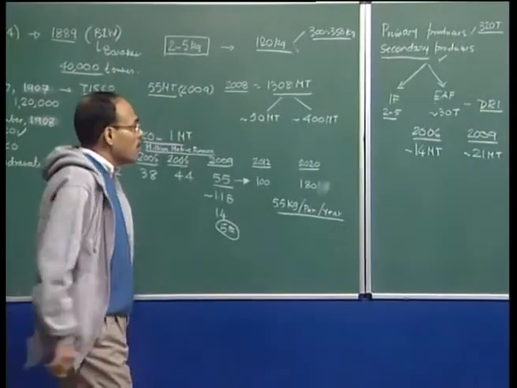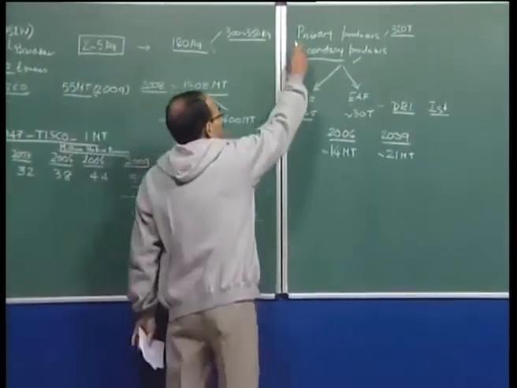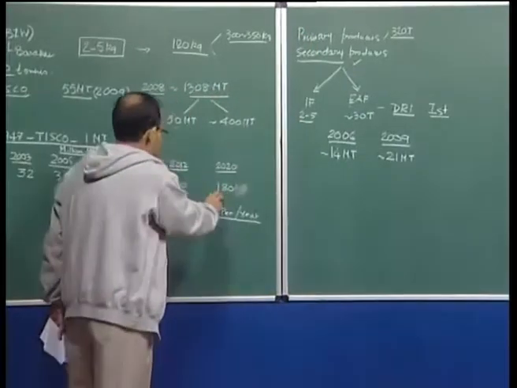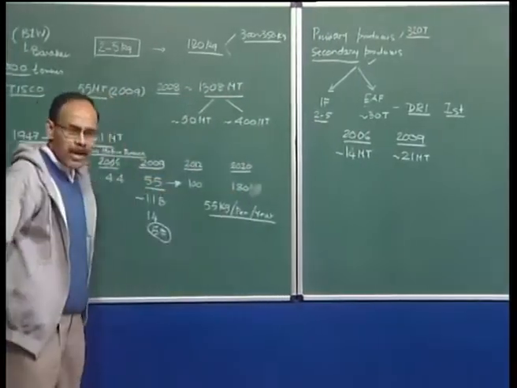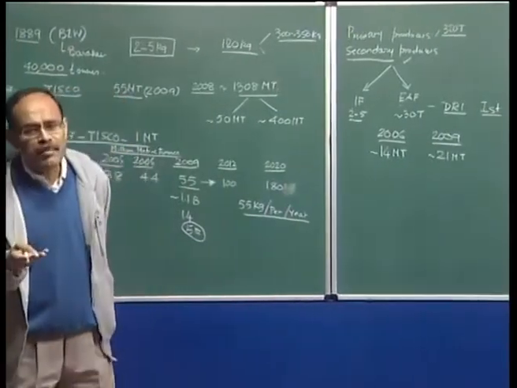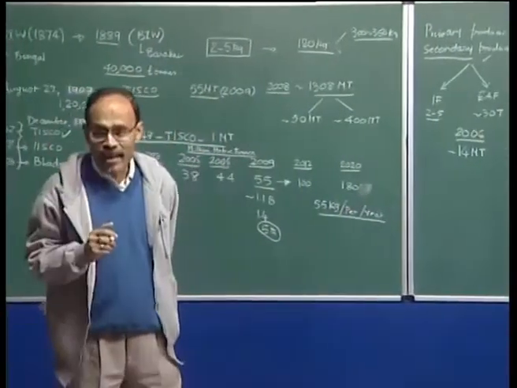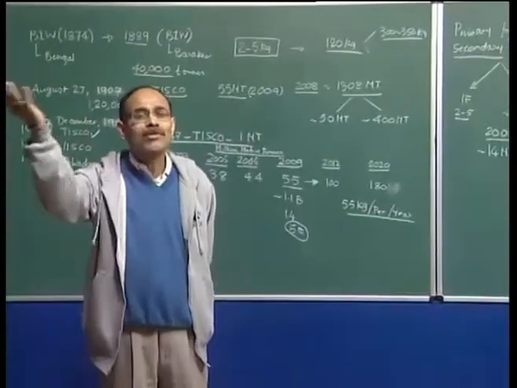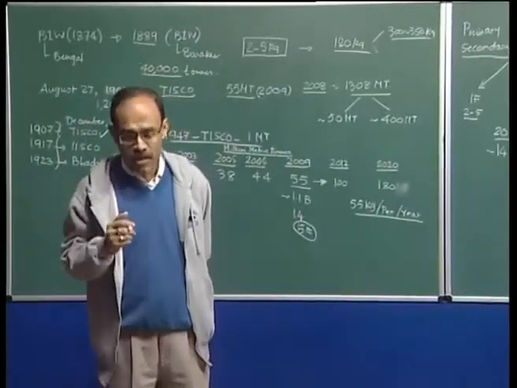Because when you are talking of primary producers, you cannot really produce all the steel through the primary production routes or the integrated steel mills, because setting up an integrated steel mill requires a huge amount of land, and today, as you all know, there is so much dispute in the country about land acquisition.